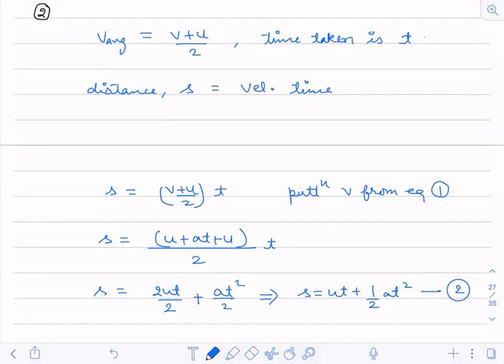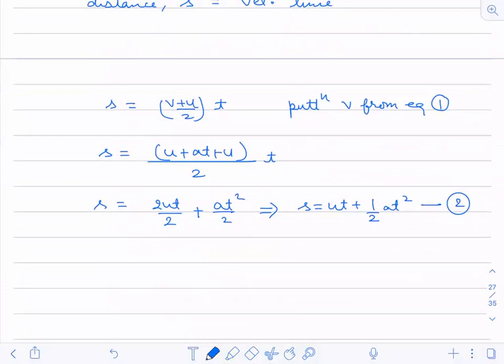The distance traveled is given as ut plus half at square, where s is the distance traveled, u is the initial velocity, t is the time, and a is the acceleration.